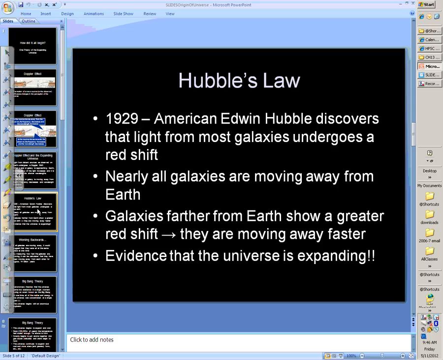No, the last one is that these galaxies are moving away from us. Oh, so galaxies that are farther away from Earth are moving away from us faster than galaxies that are closer to us. All of that put together tells us that the universe must be expanding. So these galaxies are moving away from Earth.